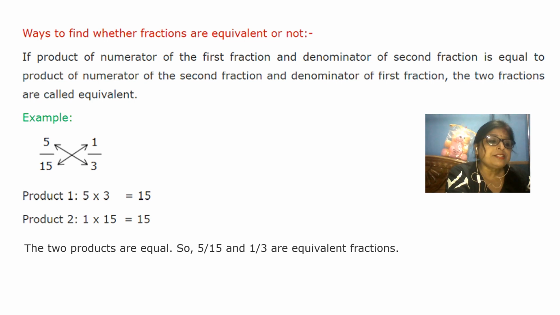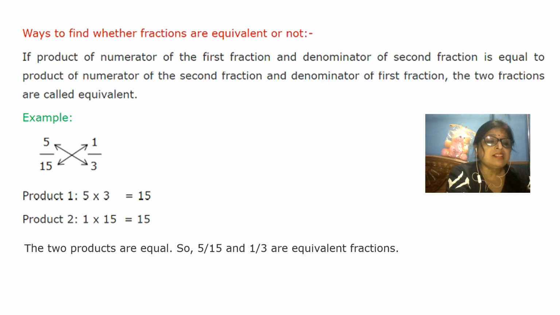Now second step, multiply the numerator of the second fraction by the denominator of the first fraction. So write here 1 into 15, and that is equal to 15. Now you have to check whether these two products are equal or not.